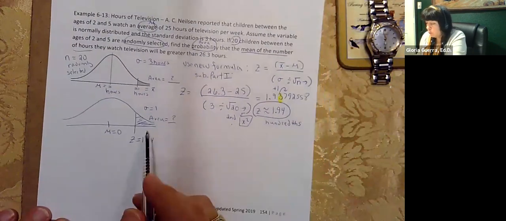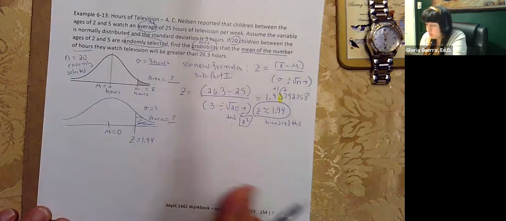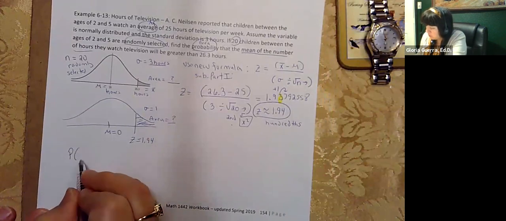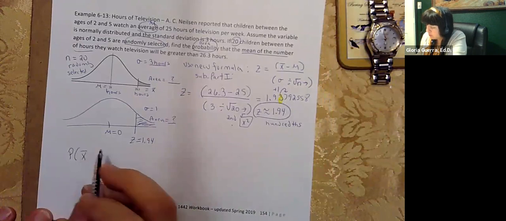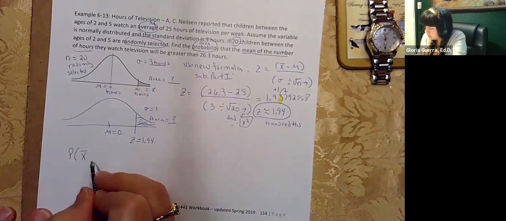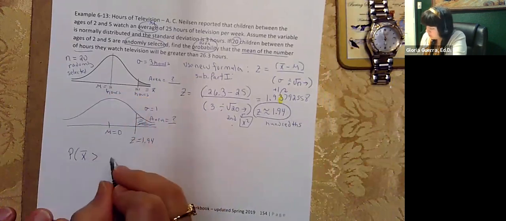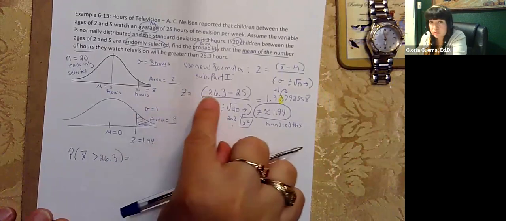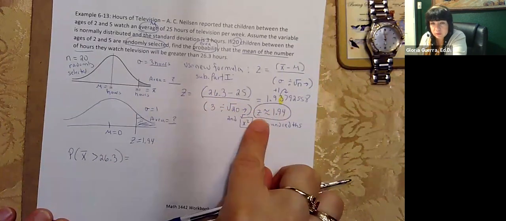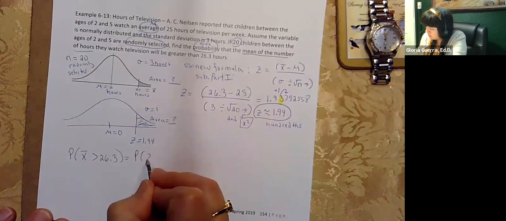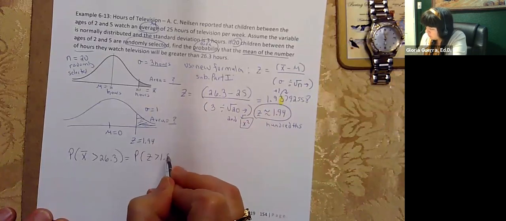And so when we set it up for both of them, whether we use the calculator or the table, you start off with probability, and it was x bar sample means is greater than 26.3. And then you ran it and transformed it through the formula. And then probability, now it's a z is greater than 1.94.